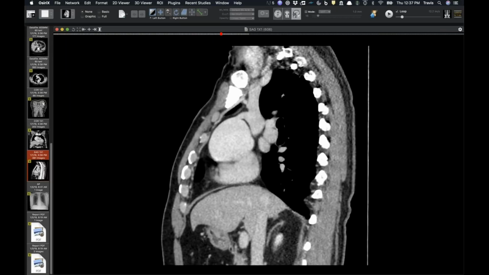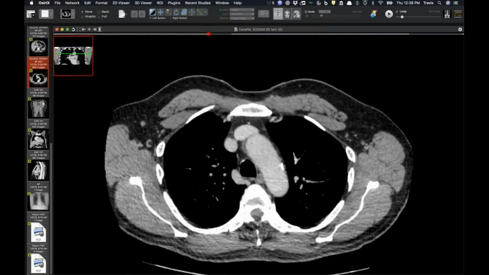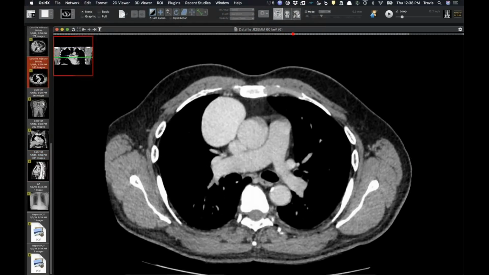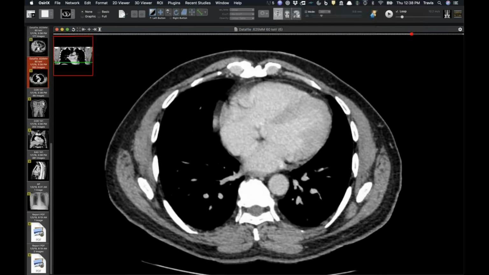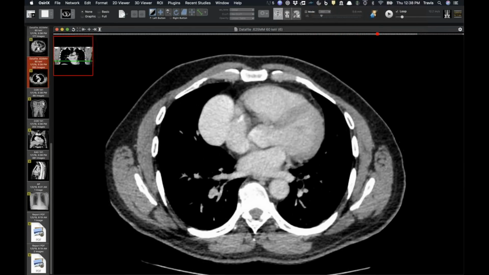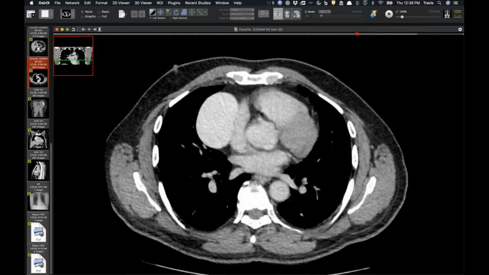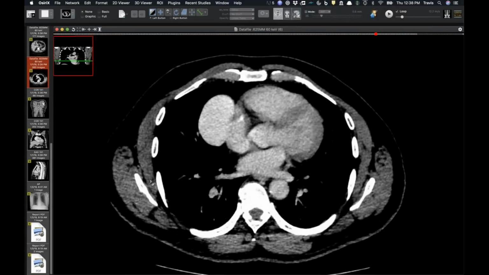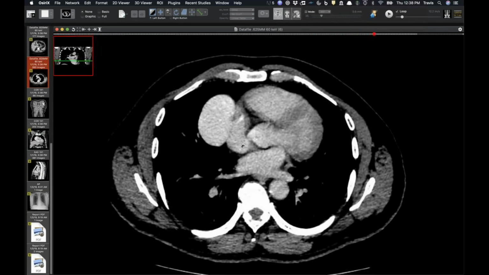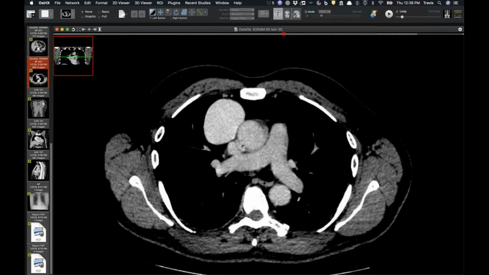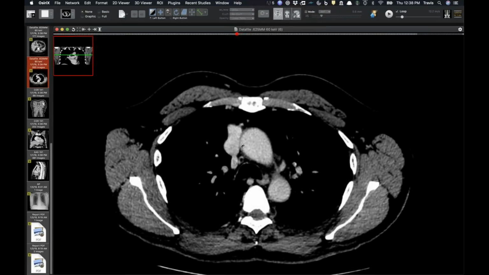But usually, you think a blind pouch like this is going to thrombose, or it's just not going to stay open like this and fill so completely. That's a very good point, but I think it's actually a little bit higher attenuation than the right atrium or the SVC. So I think it's just filling slower. That is a very good point, though, David.